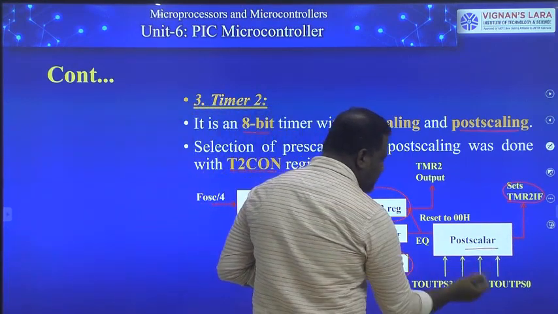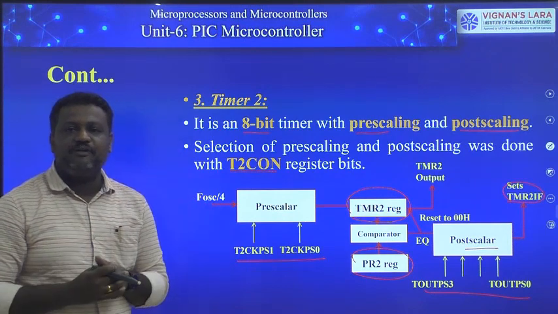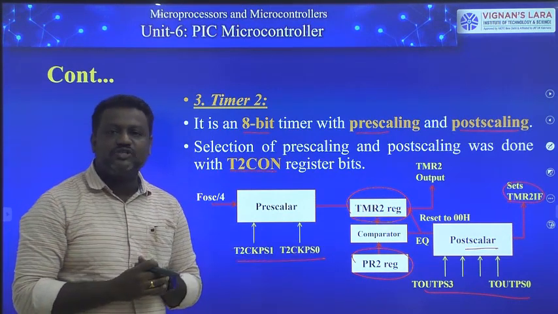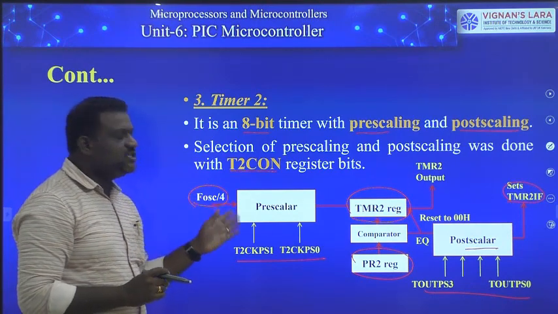This is a postscaler. It has 4 bits, and by using them I can select different postscalings for timer 2 operation. And the important thing here is that the clock, Fosc divided by 4, is received by the prescaler.